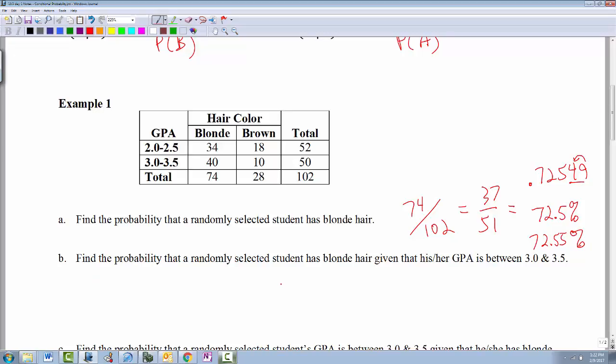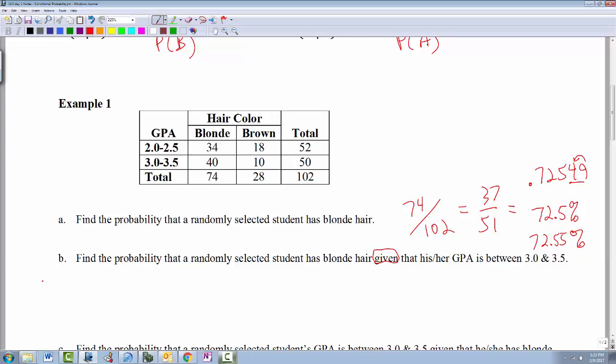Okay, now here's where we have something. These are going to stick out like a sore thumb because that word is going to be in there. It gives a condition. This makes it conditional probability. Find the probability that the randomly selected student has blonde hair given that his or her GPA is between 3.0 and 3.5.